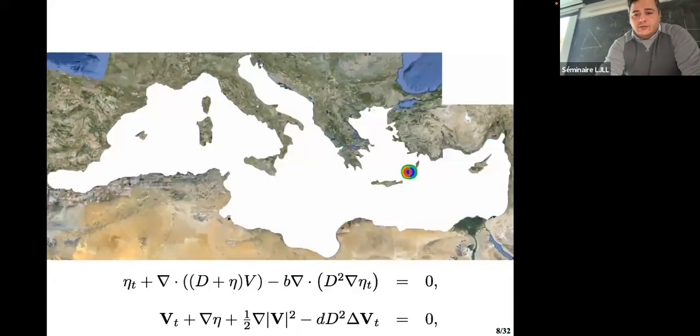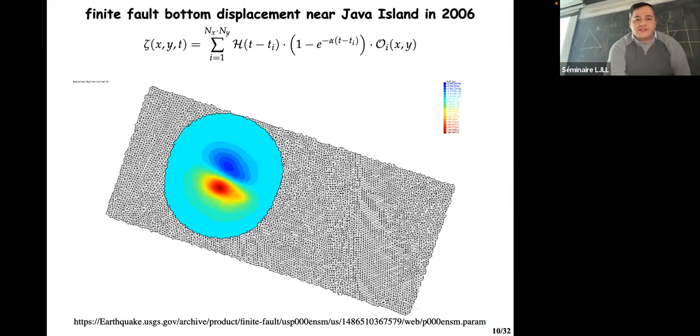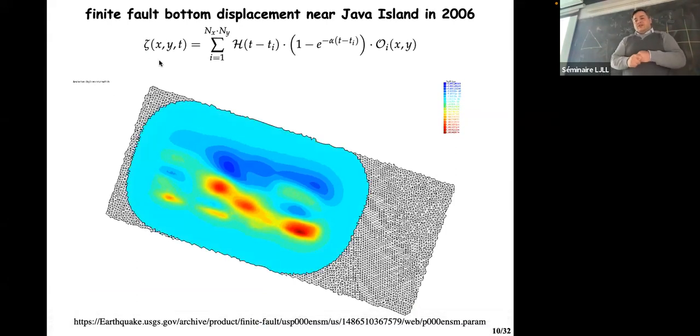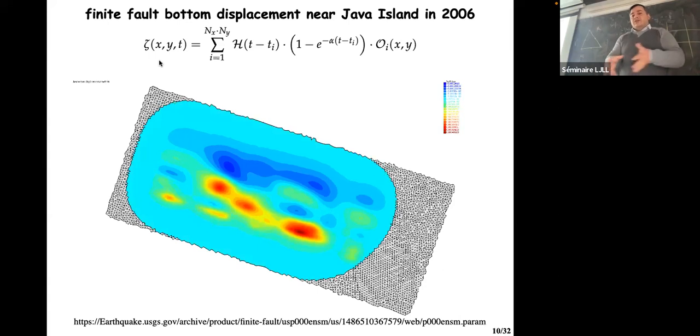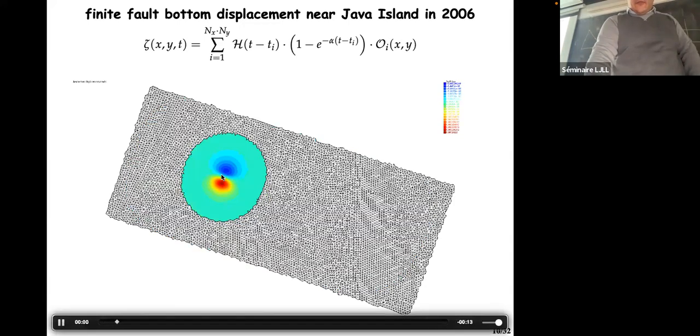Okay, so before the code, here is another slide on how, when we have an earthquake under the ground, the slice of the topography will move. So here we have some parameters and equations, and here there is a function zeta that, using this, we can generate what's happening in the Java island near the epicenter.